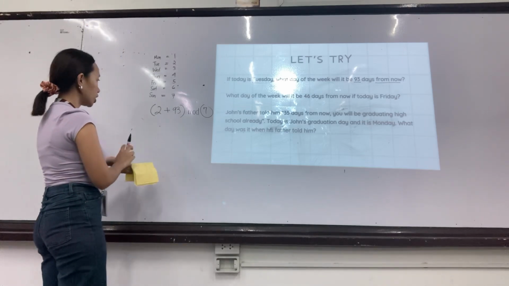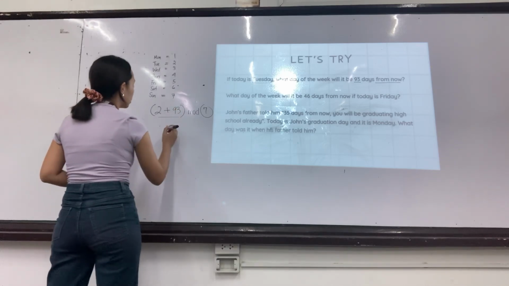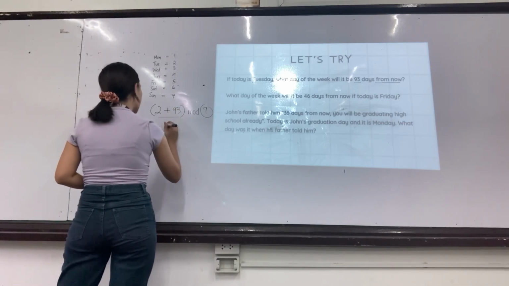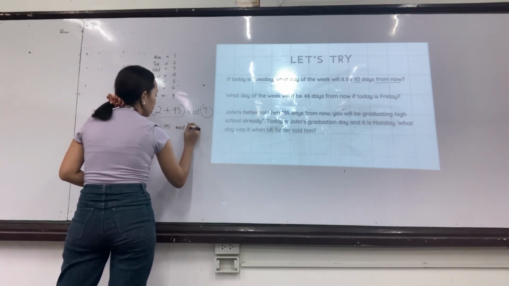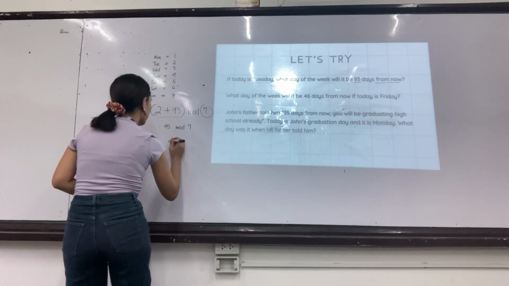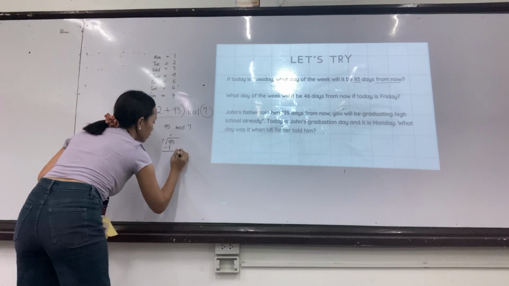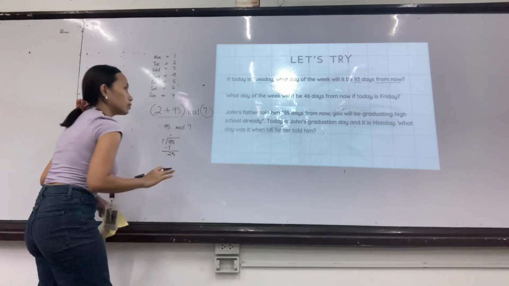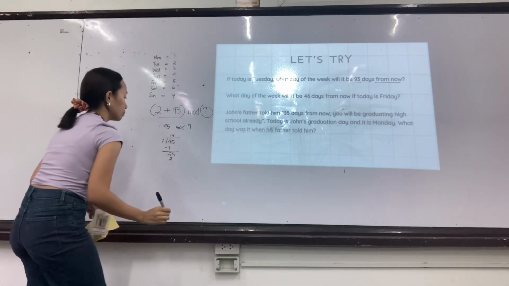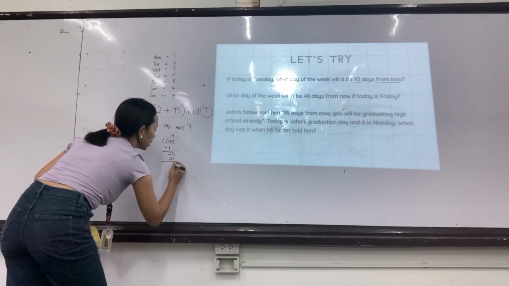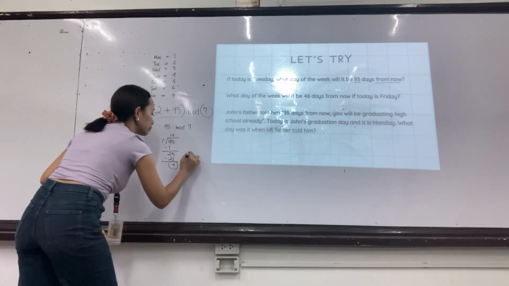Now, let's just solve for the values so that we will be able to get the answer. Now, 2 plus 93 is 95. And then when we divide 95 by 7, we get 13, since 7 times 13 is 91, and our remainder, as you can see, is number 4.